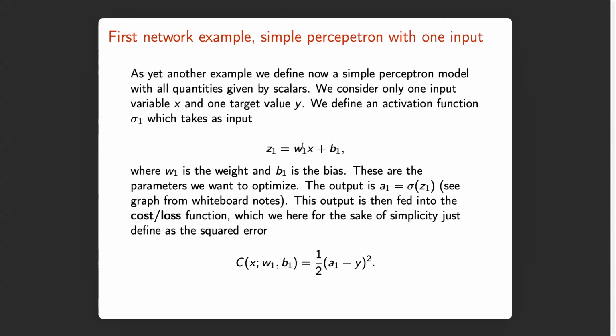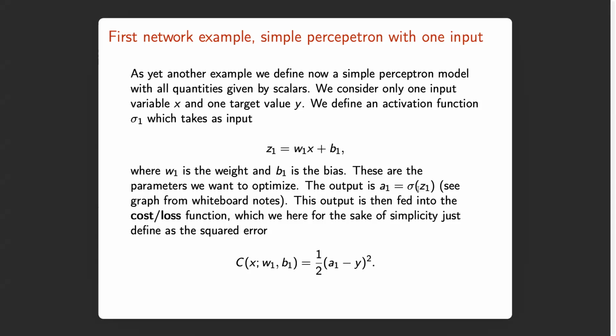Then we had the weights and the biases. So W1 and B1 are the unknown parameters we want to optimize. This Z1 is then the argument to this activation function. Now, in project number 2, when you're doing a regression case, the output layer is then going to have as output only the function value.